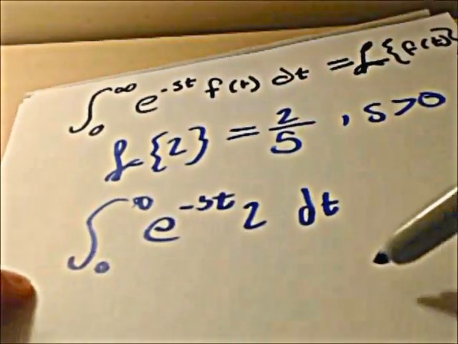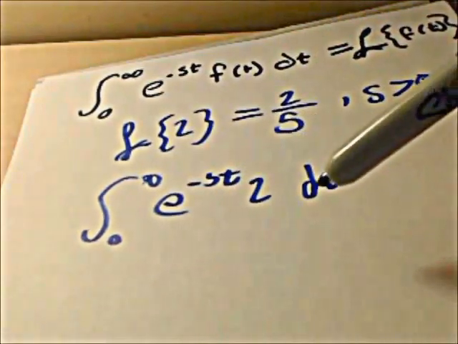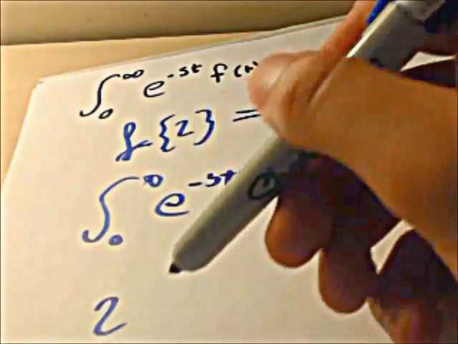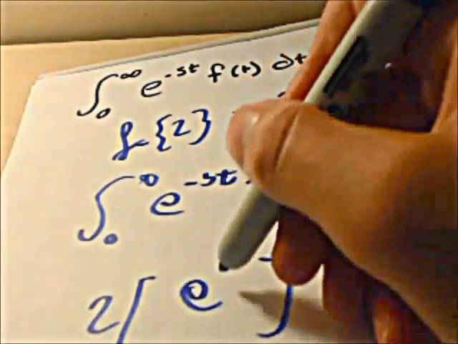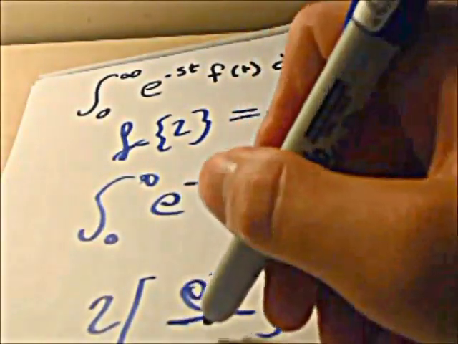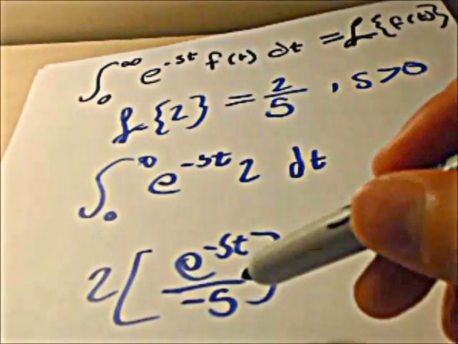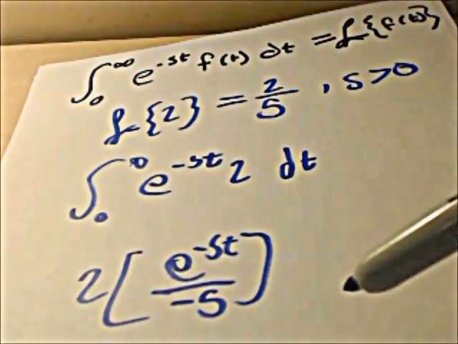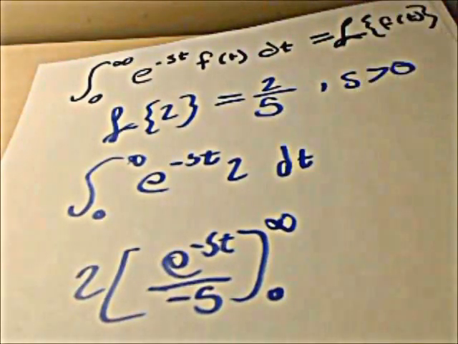We can take the 2 out, so it's going to be 2 times the integral of e to the power minus st. If we integrate using substitution, we get e to the minus st over minus s, because that's the derivative of the power. That's the integration of an exponential: you take the derivative of the power and divide by the exponential. And then we've got the definite integral.